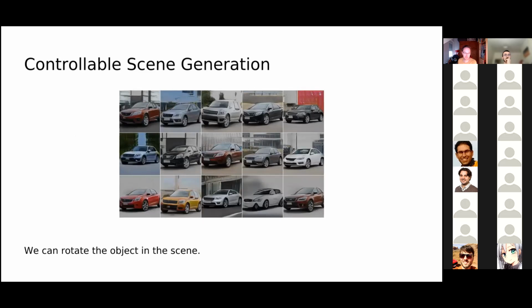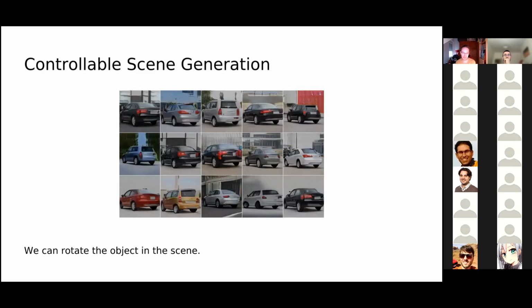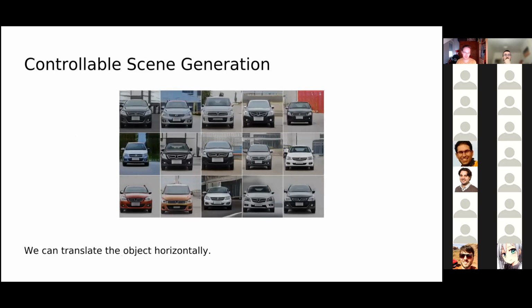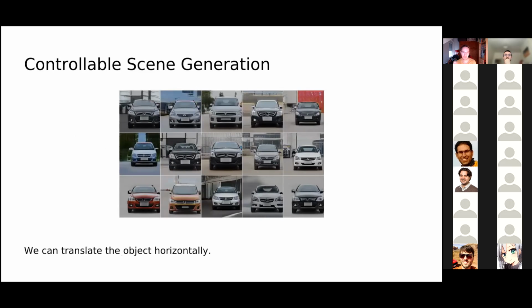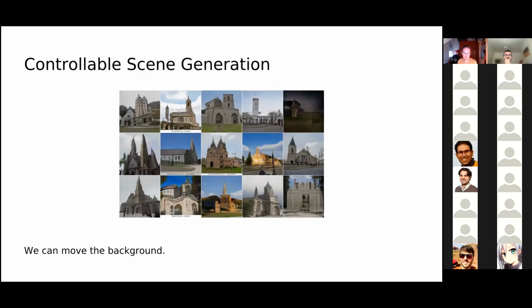So here are some examples on real images. This is for cars. You can see that this data set actually has a little bias towards cars that are frontal or side facing, and that's also incorporated into this trained model. We can then change the depth of the object. Or we can move the background, in this case for churches.